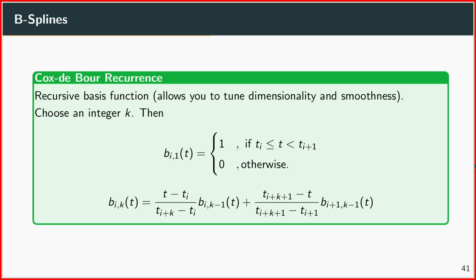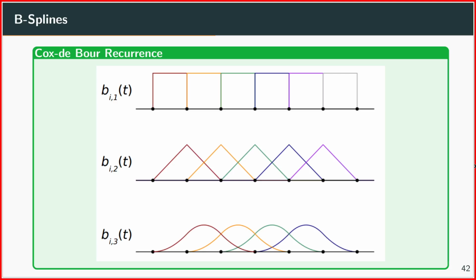I have written down here the recursive formula for it. Basically, you have as input one basis function, which is 0 or 1 on your interval. Then based on that one, you recursively define all the other basis functions up to k by this expression here. For example, if you have k equals 3, then you get those basis functions here.